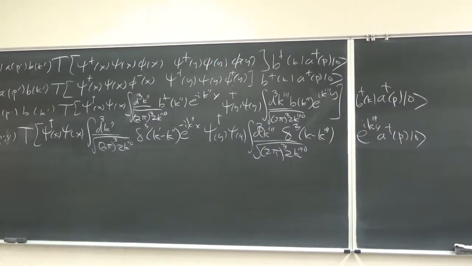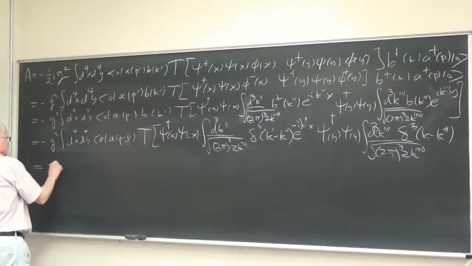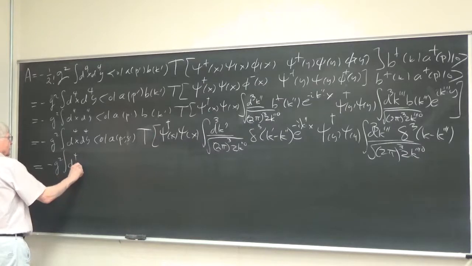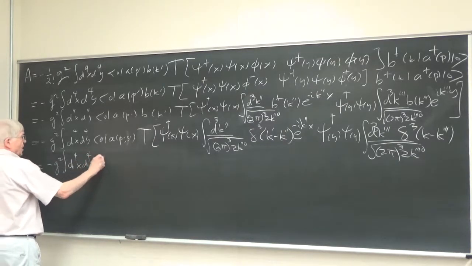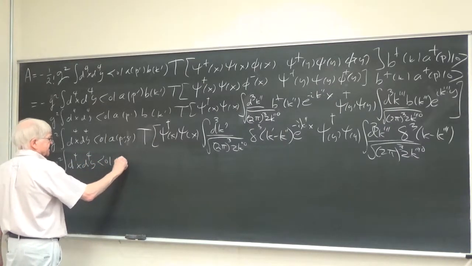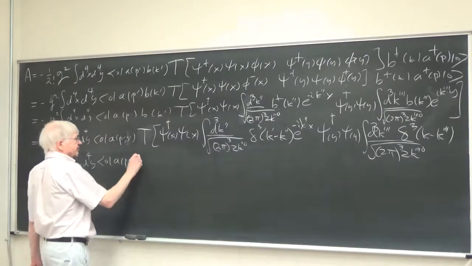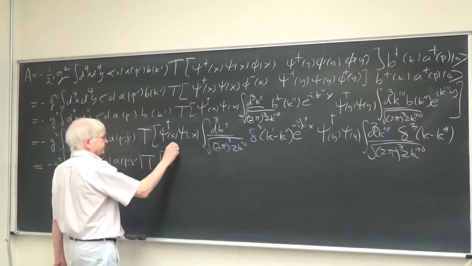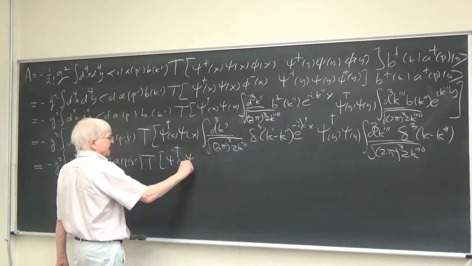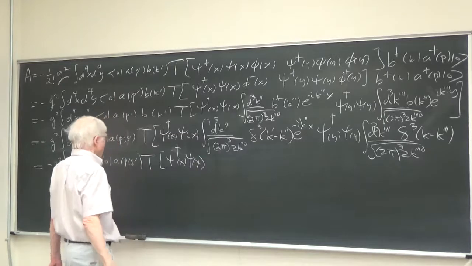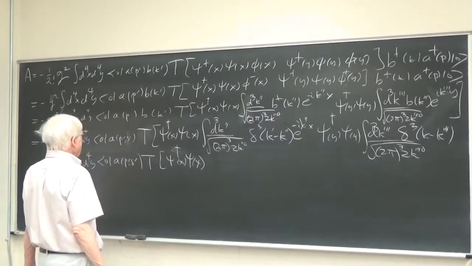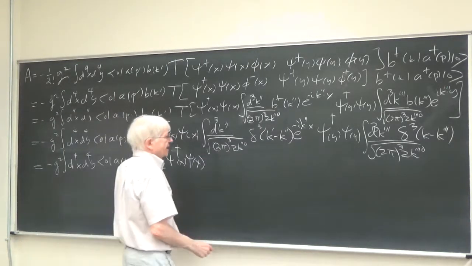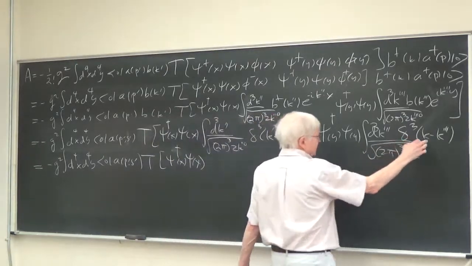Okay, so these things collapse, and what we have is minus g squared integral d fourth x d fourth y, 0, a of say p prime s prime, time ordered product of psi dagger of x, psi of x, and these integrals just give us phase factors.